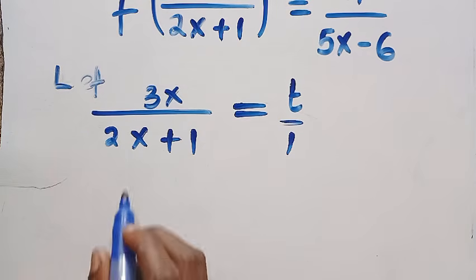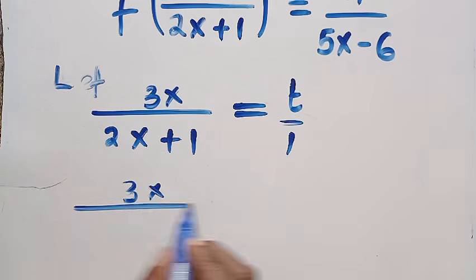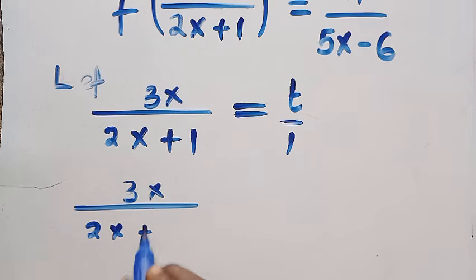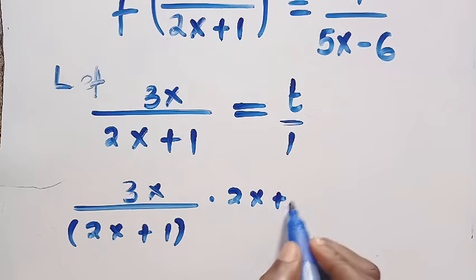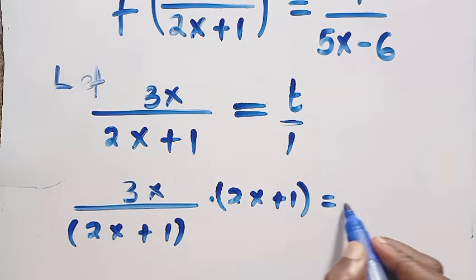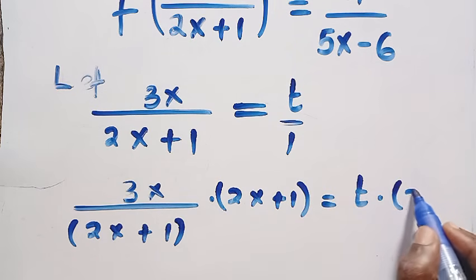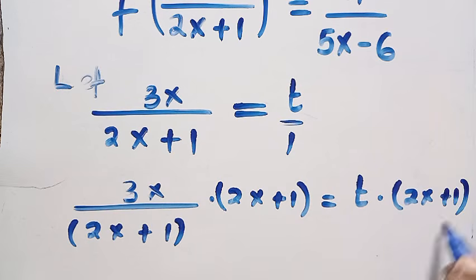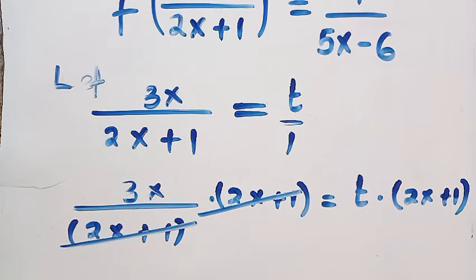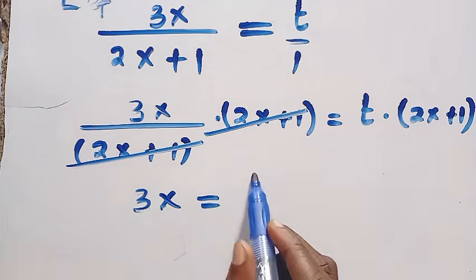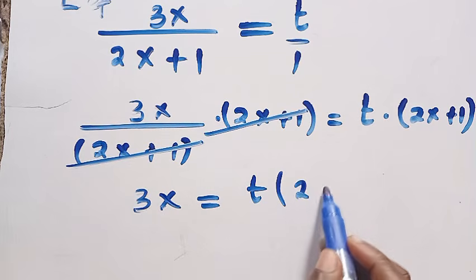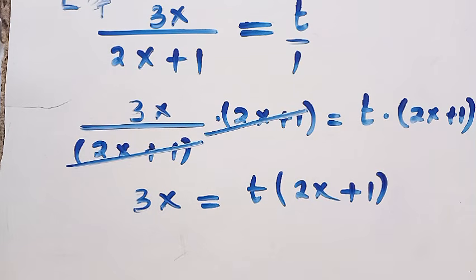Here we have 3x divided by 2x plus 1, multiplied by 2x plus 1, equals t multiplied by 2x plus 1. The 2x plus 1 cancels, so we have 3x equals t into bracket of 2x plus 1.